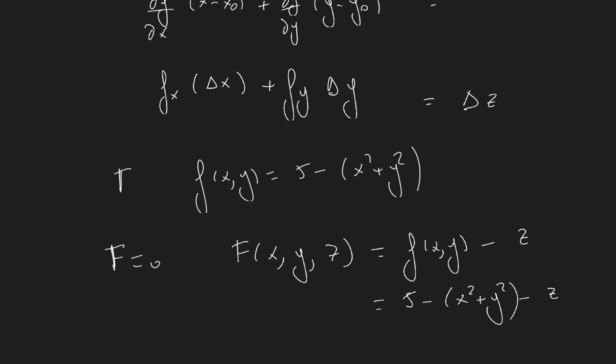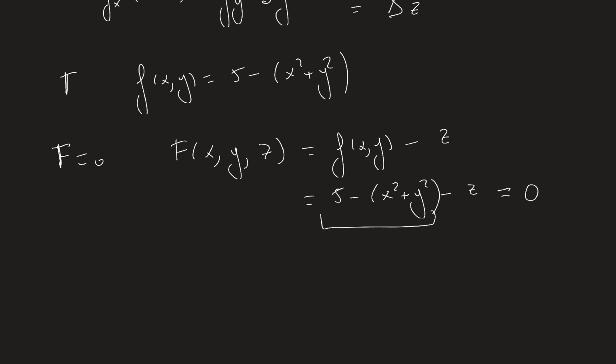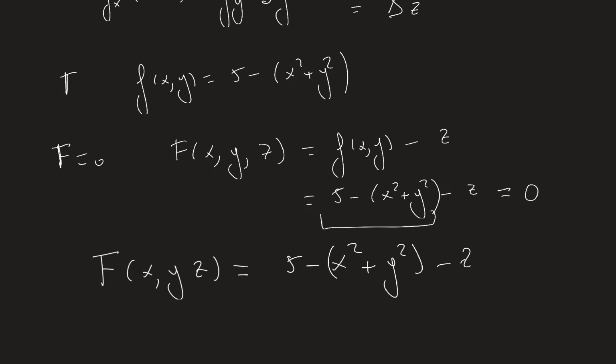And because 5 minus x squared minus y squared is z, this is the level surface F equals 0.